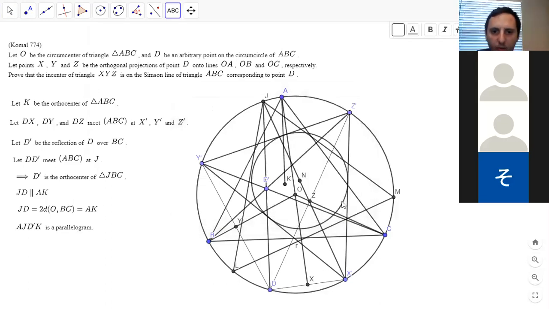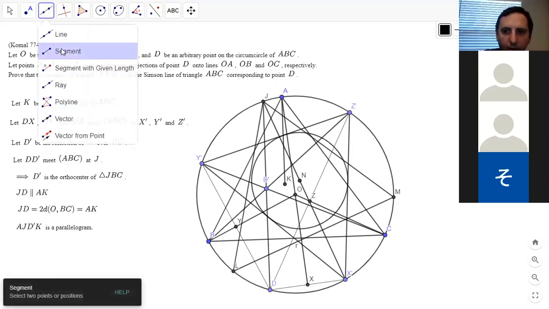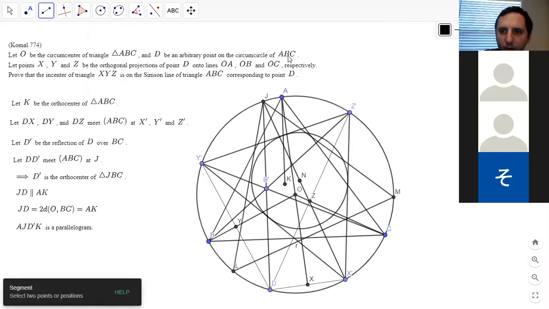And then also we could show that AJKN is an isosceles trapezoid because triangle JLM is similar to ABC. So I'm going to define L and M. How did I define those? I forgot how we defined L and M. Let's see.